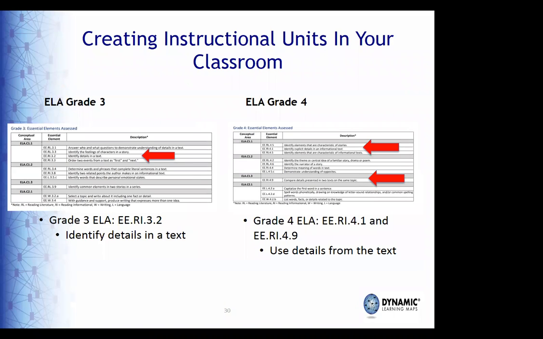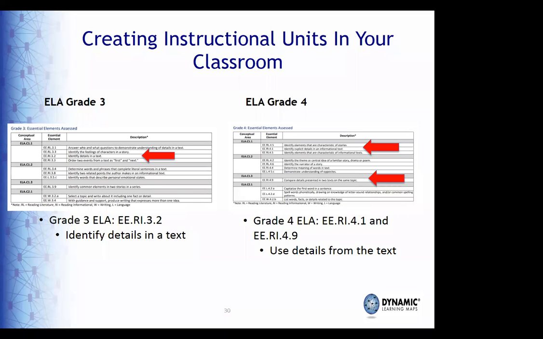A lot of times in your self-contained classroom, you might have students who are in different grades, but you're teaching the same concept. So when you're looking at the blueprint and deciding which essential elements to choose, a lot of these conceptual areas are going to overlap.